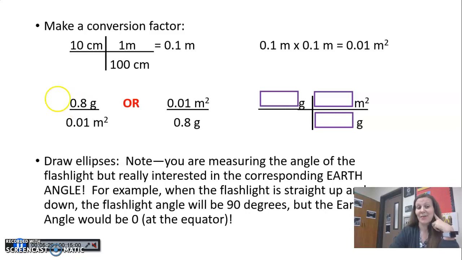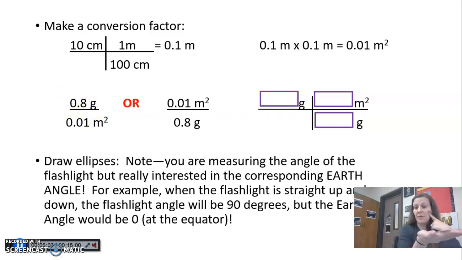So, all right. So now we will move on. You're going to make this into a conversion factor using mass. So we take the mass of our square, 0.8 grams over our area. Okay, so 0.8 grams over 0.01 meters squared. Because this is an equivalent now.